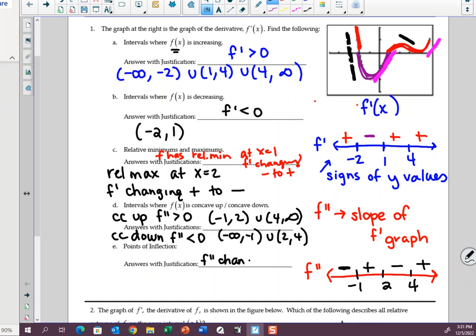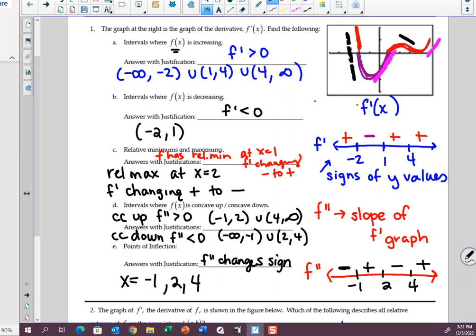The sign change in f double prime is the indicator of the point of inflection. So -1 and 2 and 4 are my inflection points.